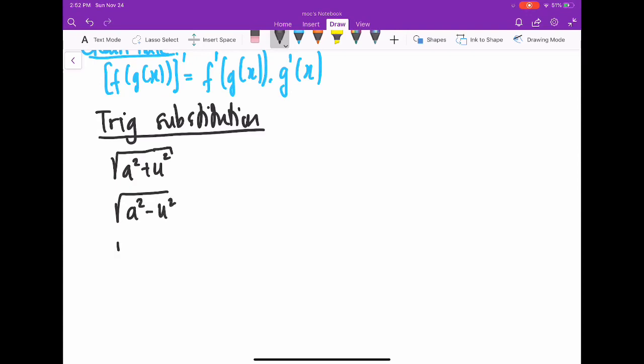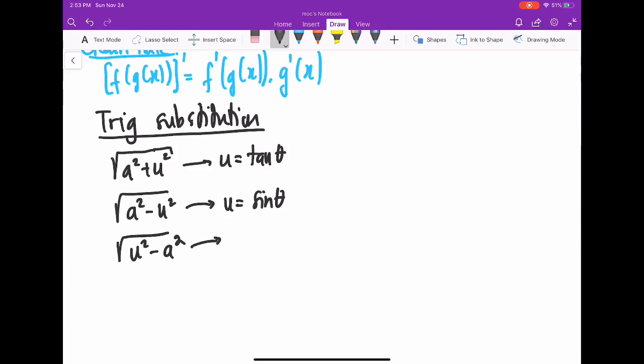And the third form is u squared minus a squared. So for the first form, you would use u equal to tangent of theta. For the second, you use u equal to sine of theta or cosine of theta. For the third, you would use u equal to secant of theta. I just remind you this.